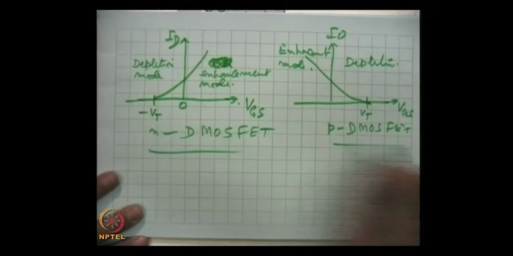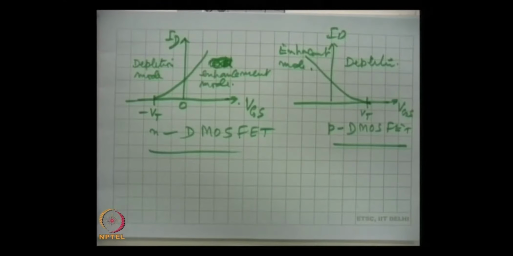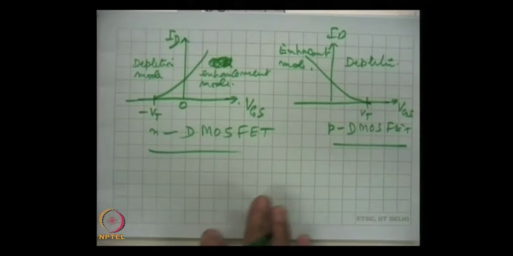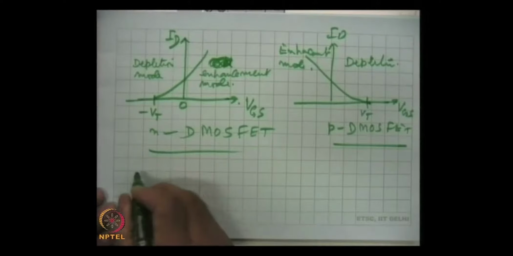So, this way we can get these characteristics, and then the cutoff region. So, this is about the saturation region and then cutoff region.